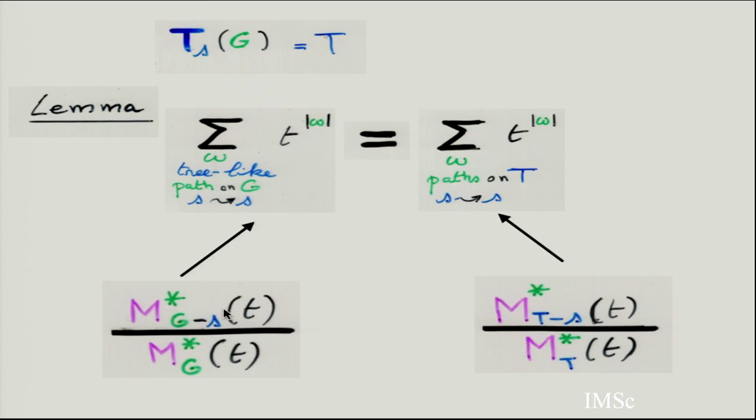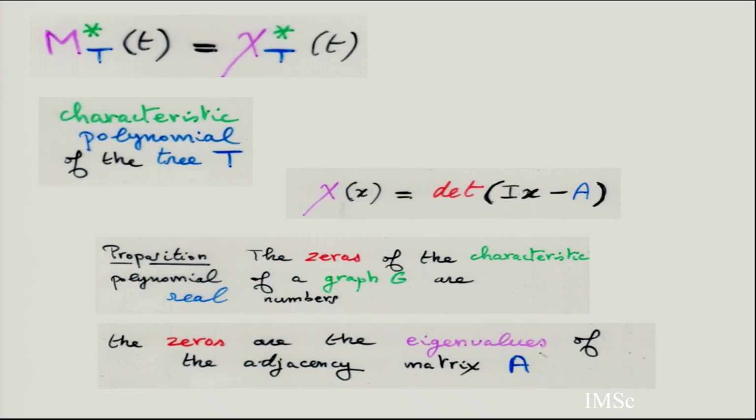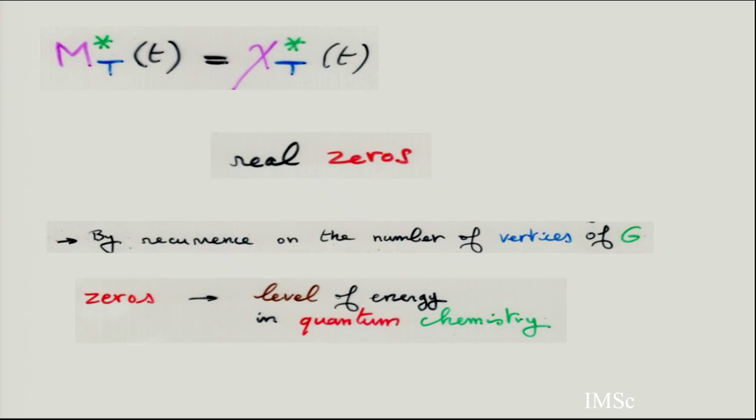If it's true for any graph with n vertices, then it's true for any graph with n plus 1 vertices. Because if it's true for n, this one has all real roots, and below it's degree n plus 1. And if there was an imaginary root, then it would cancel with a root here, but there is no imaginary root above. So if you allow me this slight induction, and if you allow me to use this classical theorem that eigenvalues of the characteristic polynomial are real numbers, then I get a proof of this beautiful theorem.